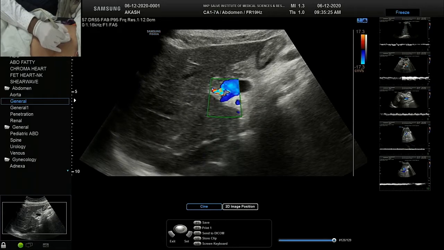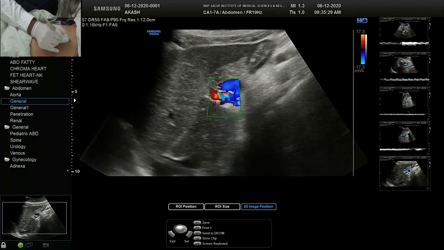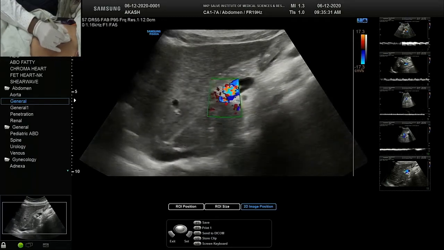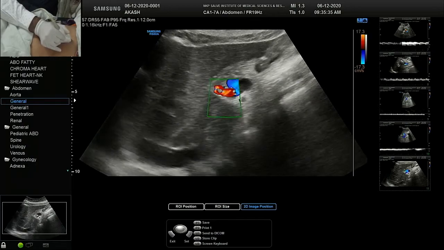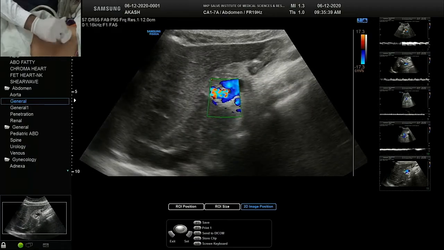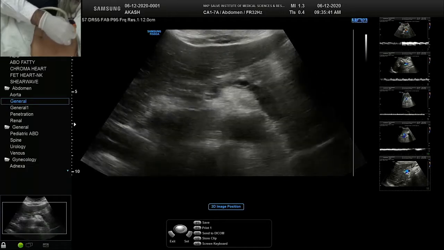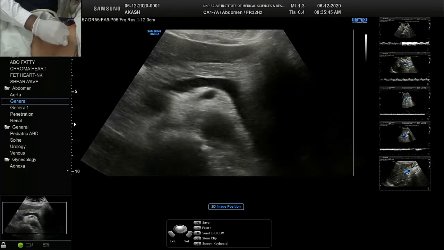You can see, we can appreciate the flow there. It is going away from the probe towards the GE junction. So splenic vein is enlarged here.